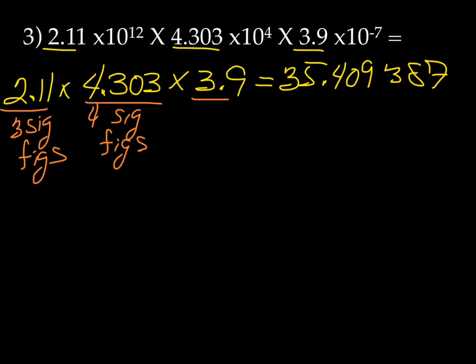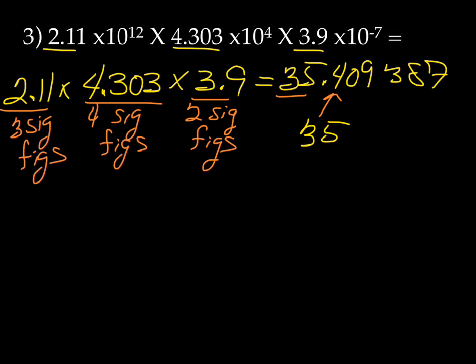And the third number only has 2 sig figs. They are both non-zero numbers. Okay, so we're only going to keep 2 significant figures this time, the 3 and the 5. So we look at the 4. The 4 is smaller than 5, so we're going to drop, which means our answer from the multiplication of the coefficients is going to be 35.